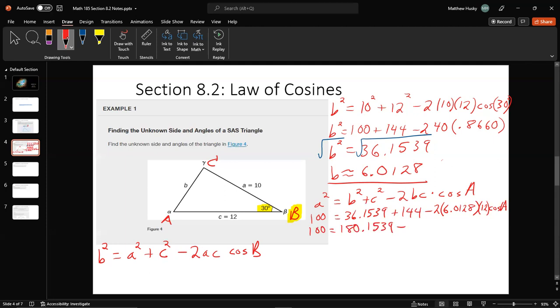And then 2 times 6.0128 times 12. That is 144.3075. And then that is times cosine of A. So then what we would want to do is subtract 180.1539 from both sides.